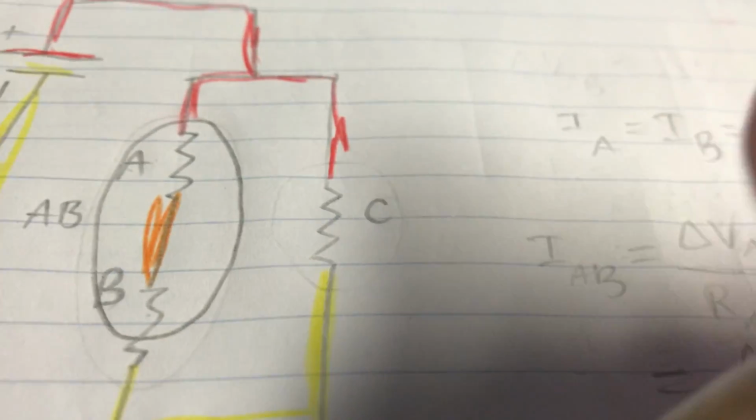That means IAB will equal delta VAB over RA plus RB, and RA is equal to RB, so we can say delta VAB over 2R, which is half of delta VAB over R. And now for resistor C, we also use Ohm's law, which is like this.